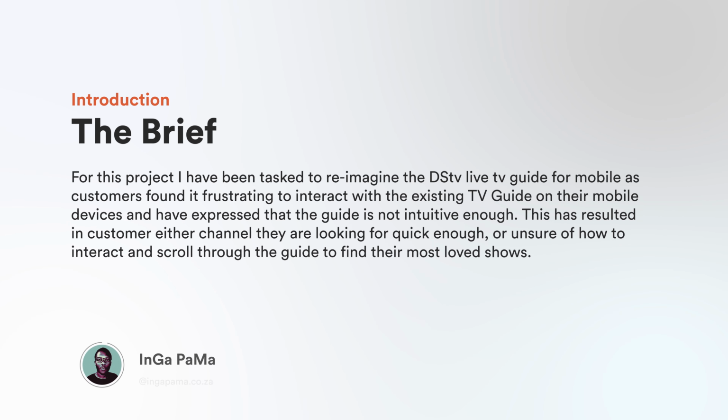So the brief is as follows, so you can read along. Basically, the brief says that I have been tasked to reimagine the DSTV live TV guide for mobile, as customers find it difficult or frustrating to interact with the mobile version of the TV guide, right?